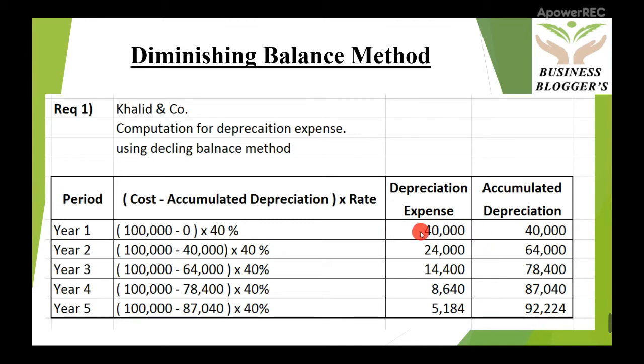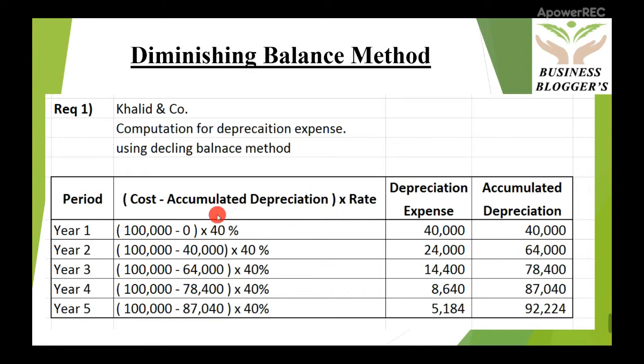For example, our first year depreciation is 40,000 rupees and the second year depreciation is 24,000 rupees. How? If we add 40,000 rupees and 24,000 rupees, the answer is 64,000 rupees. It is called accumulated depreciation.